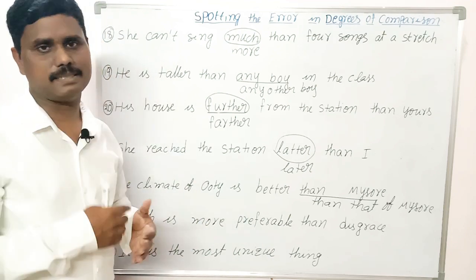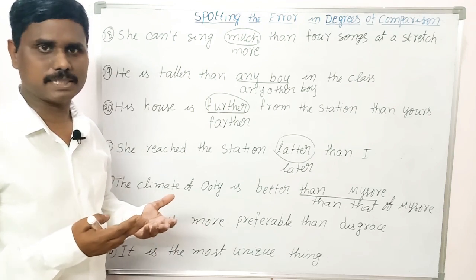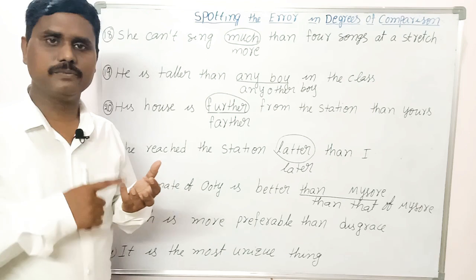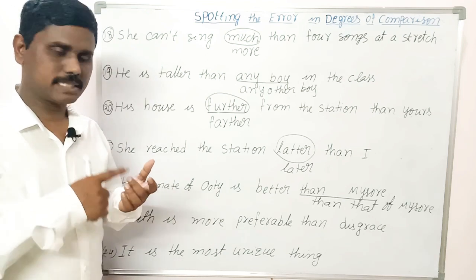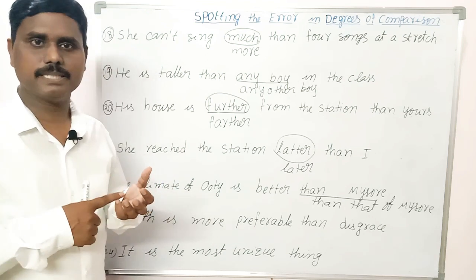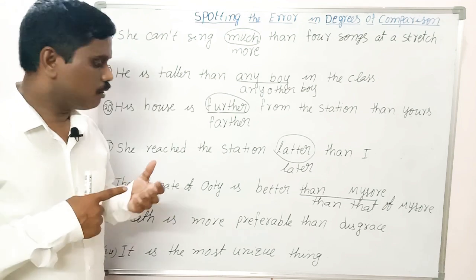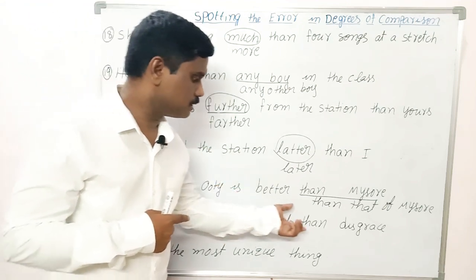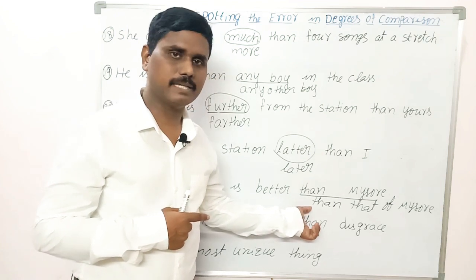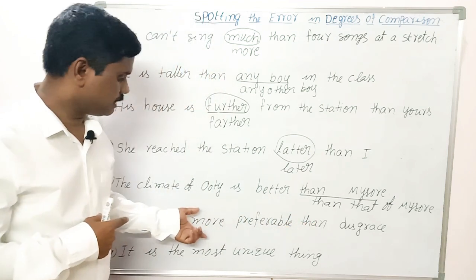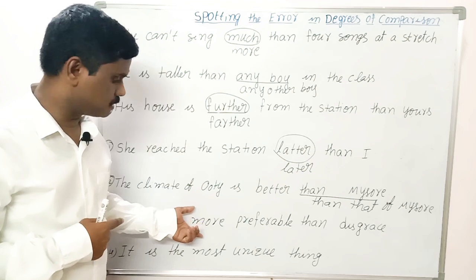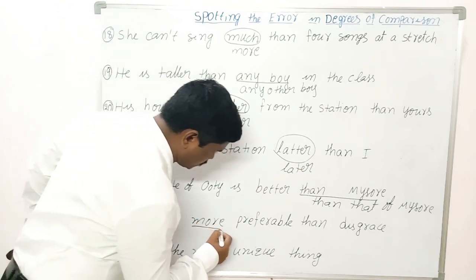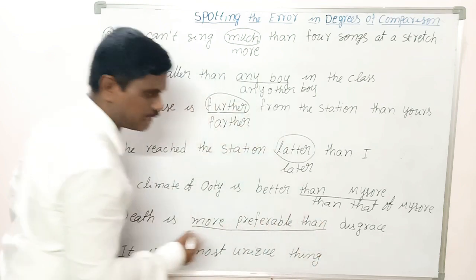Senior, junior, inferior, superior, exterior, interior, major, minor, prior are all comparative adjectives, but we should not use them with than, and they should not be used with the word more.